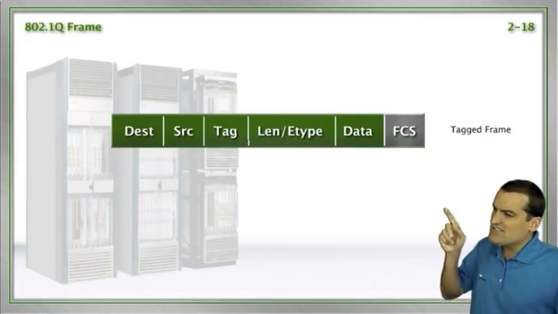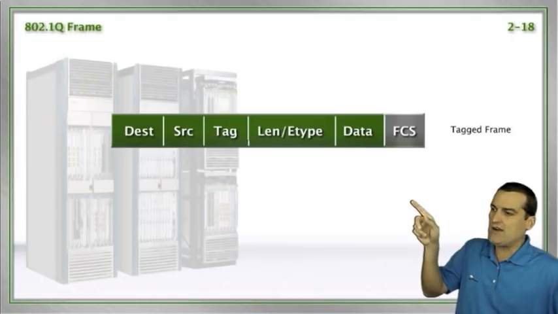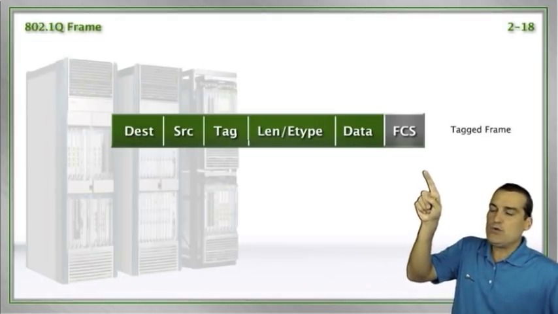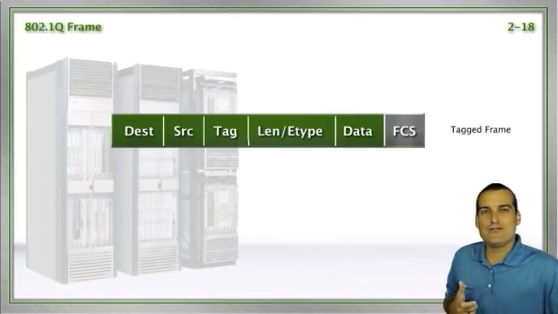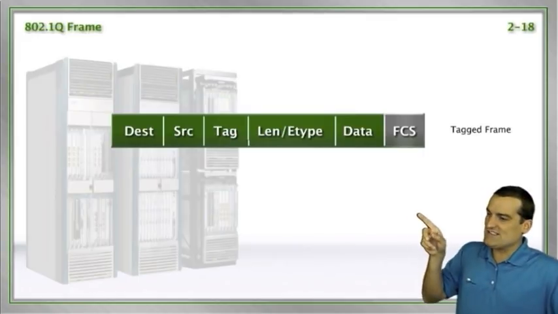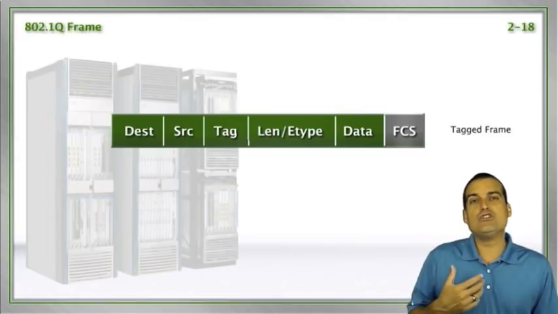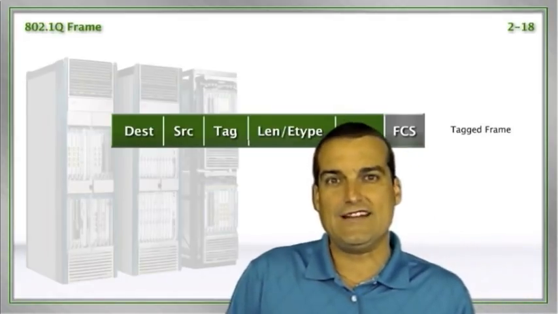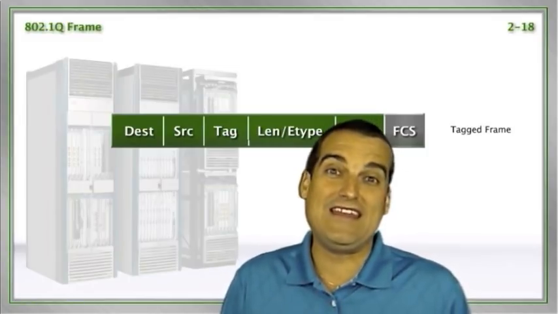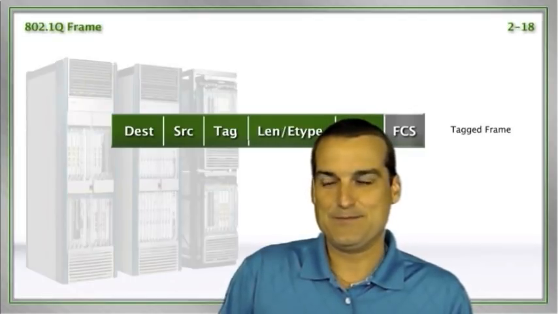Instead, they insert that tag field, that third field that you see there, the tag, and then they compute a new frame check sequence at the end of the frame since they did manipulate the frame. So the 802.1q approach inserts a tag value because let's face it, when it comes to identifying the traffic as belonging to a particular VLAN, we need some kind of VLAN tag associated with the traffic.